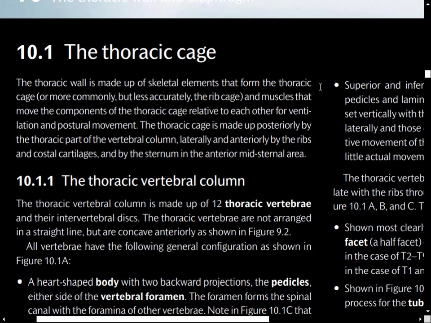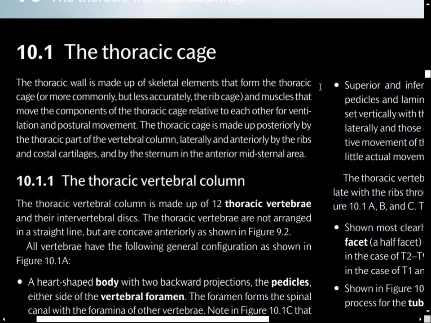For ventilation and postural movement, the thoracic cage is made up posteriorly by the thoracic part of the vertebral column, laterally and inferiorly by ribs and costal cartilage, and by the sternum in the anterior and mid-sternal area.